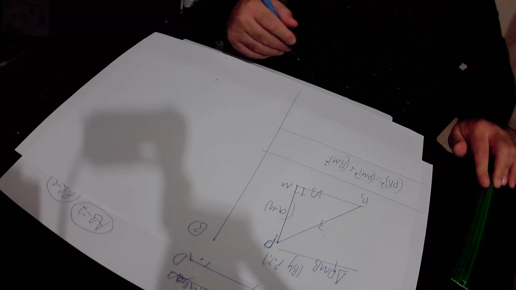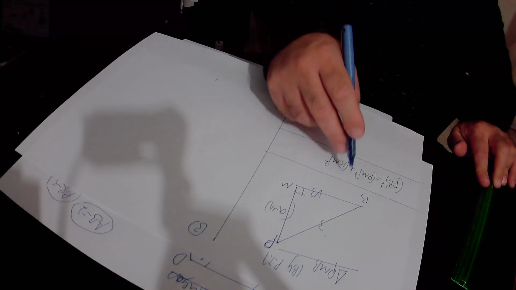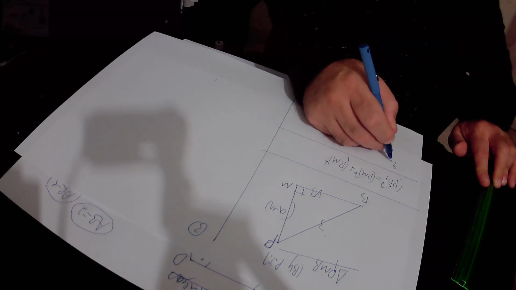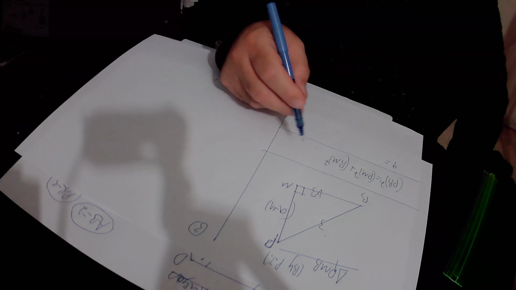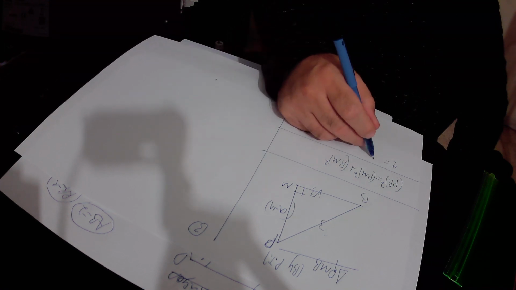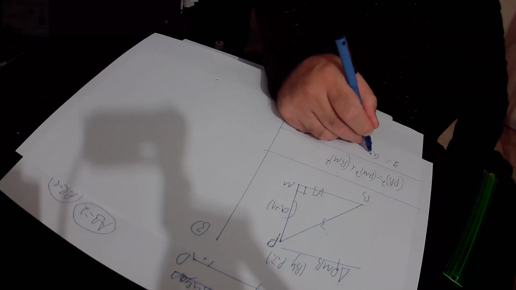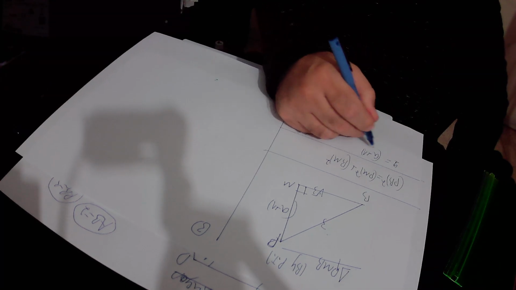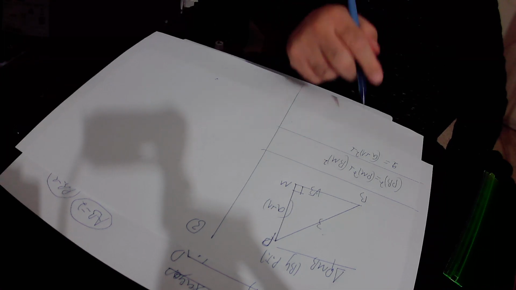So PB equals 3 units. Therefore PB squared is 3 squared, that is 9, and it is equal to PM squared plus BM squared. PM equals A plus 1, therefore PM squared equals (A plus 1) squared.